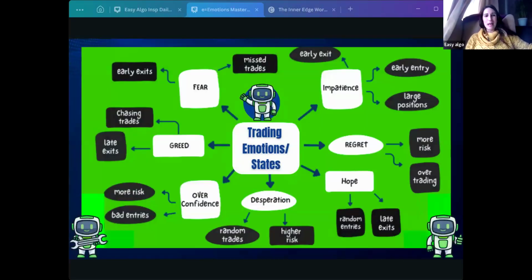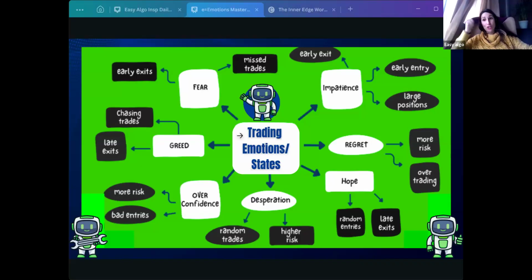So let us get into some of the main emotions that we experience, especially in trading, but also in life. Okay, so just noticing as you look at them, I want you to see which ones really stand out for you. I've said emotions plus states because now we understand that a state is more complex than just the biochemical reaction.